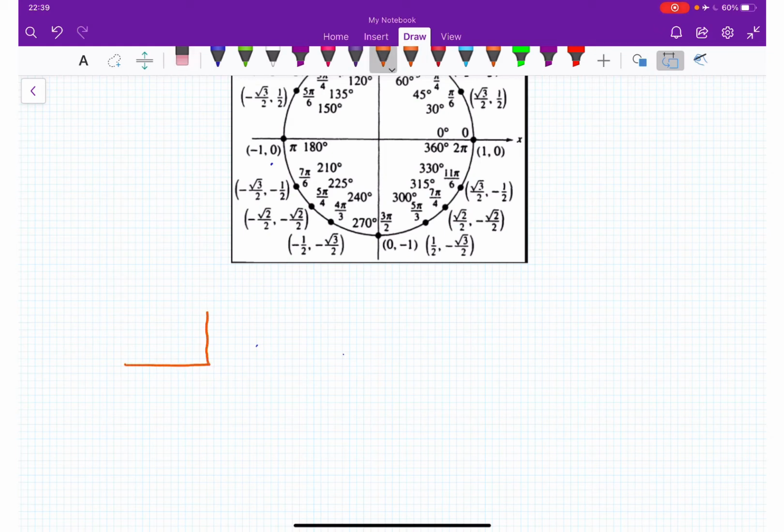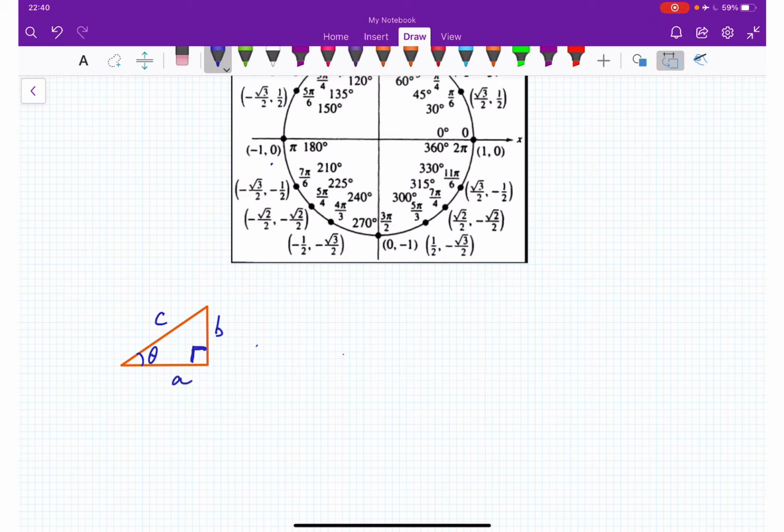Okay, much better. So this is our right angle, and this is our angle theta. This is the 90 degrees, this right angle. Here we have C, B, and A.